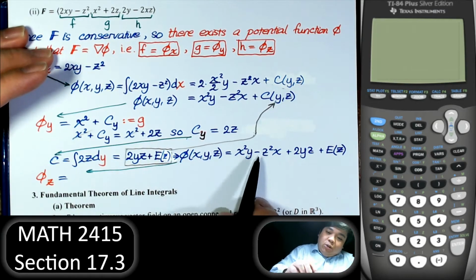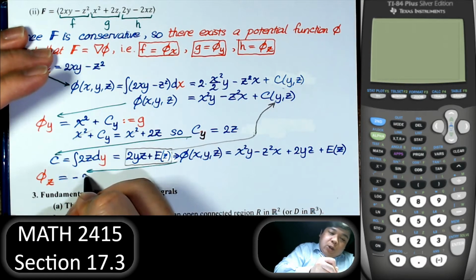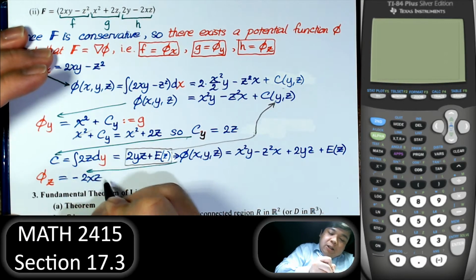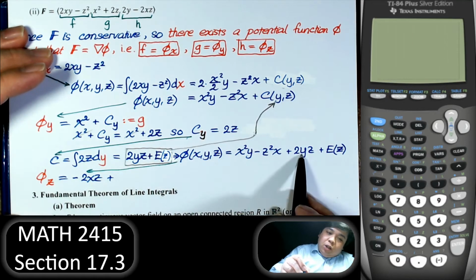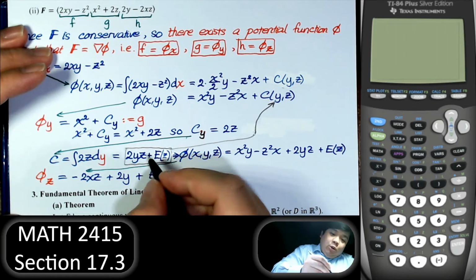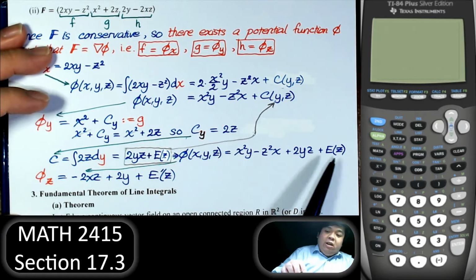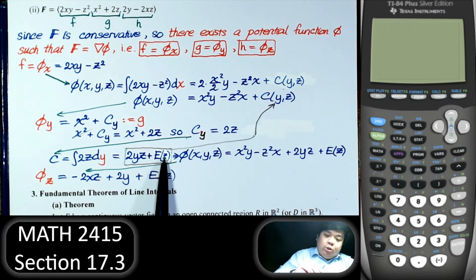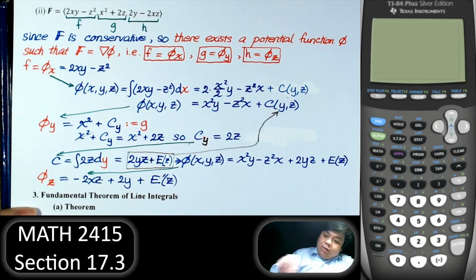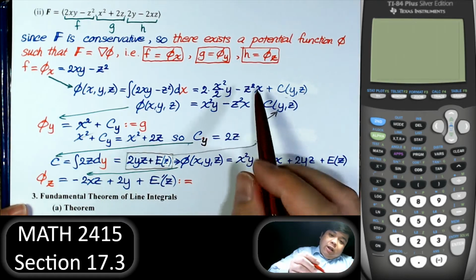Derivative of this with respect to z, that's a constant, so we have negative 2xz plus 2y, and now the derivative of e with respect to z. That's just a derivative, not a partial derivative, because it is a function of only one variable. We will make this equal to h.